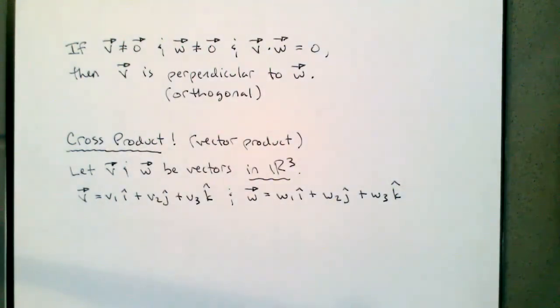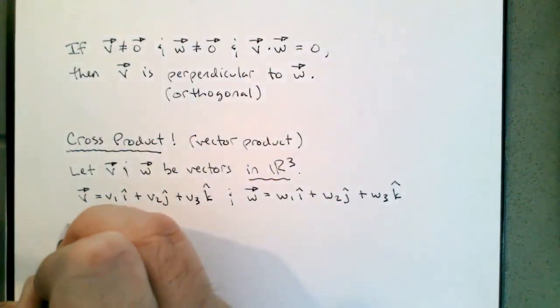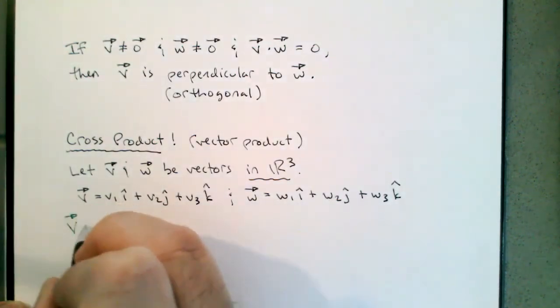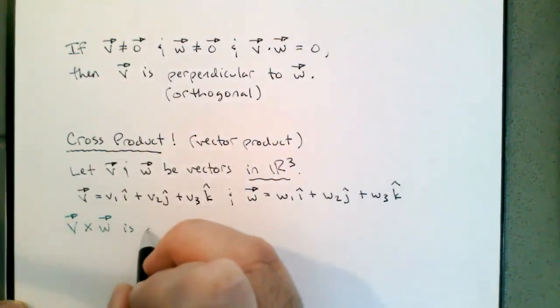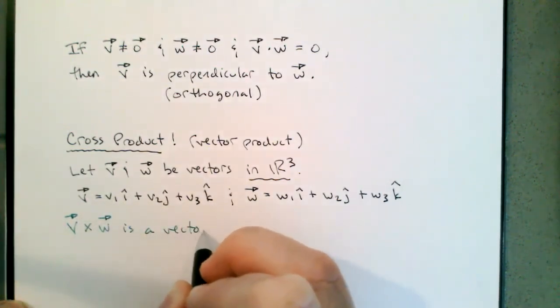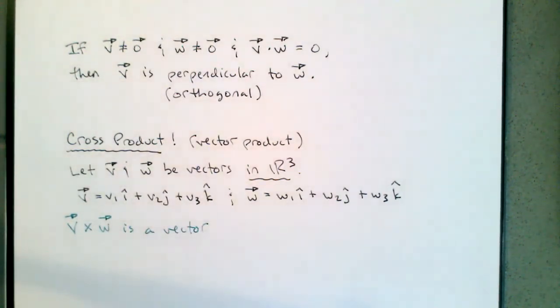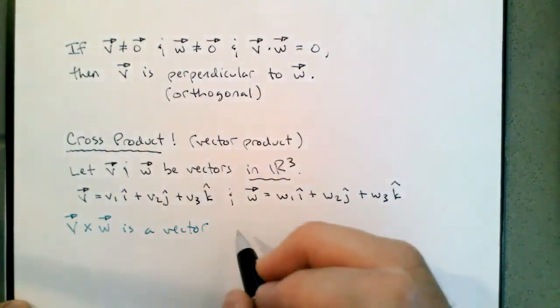When we do this cross product business, V cross W is a vector that is perpendicular to V and W. So V cross W, first of all, it's a vector because this is the vector product. And it's a vector that is perpendicular or orthogonal to V and W.